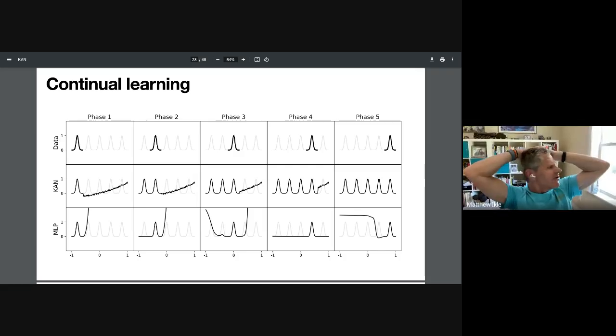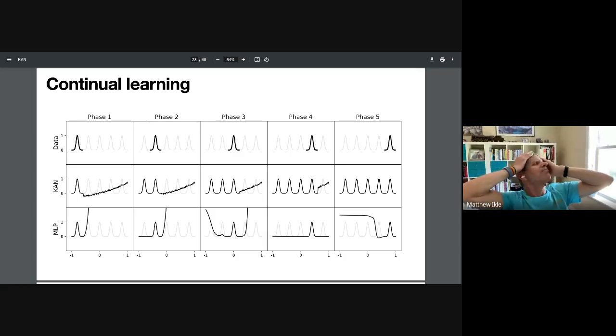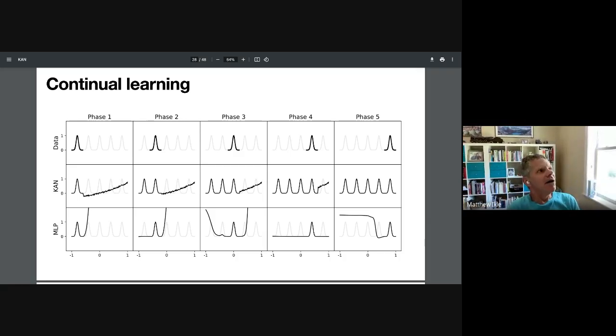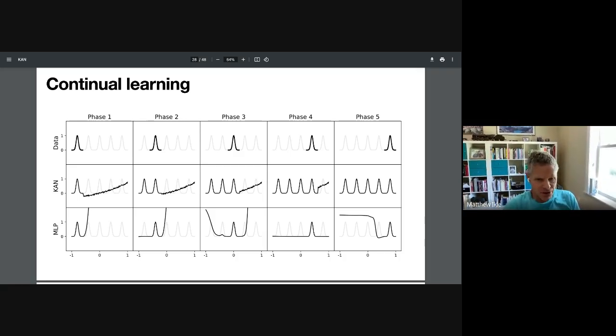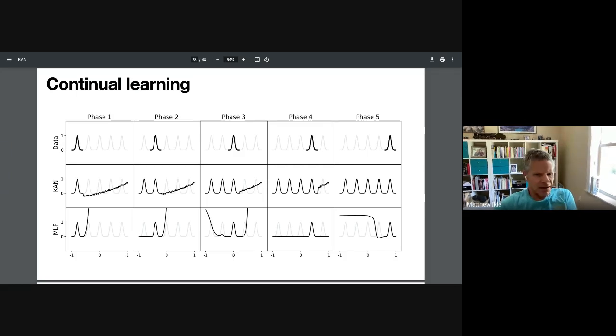Another thought popped into my head. You talked at one point, and I might be wrong here, about the theoretical perspective, that only the B-splines fit the scaling.